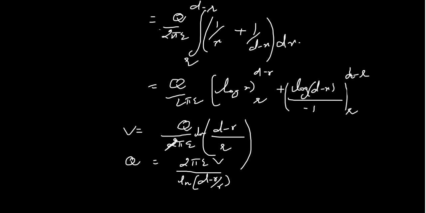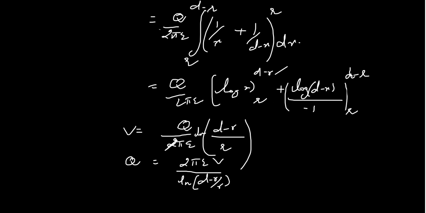The negative sign is replaced by interchanging the limits, r to d minus r, and you apply the integration. So 1 by x plus 1 by d minus x, limits r to d minus r.